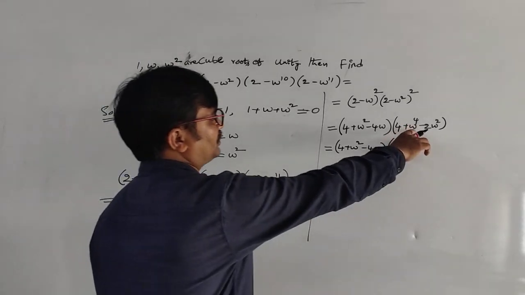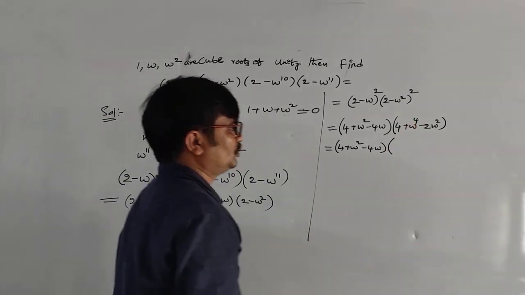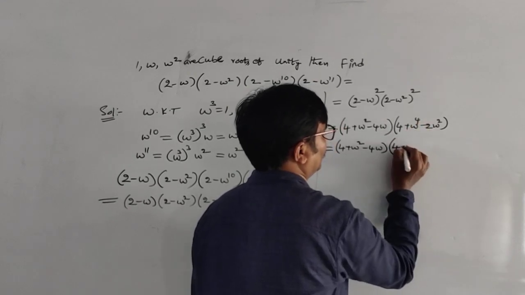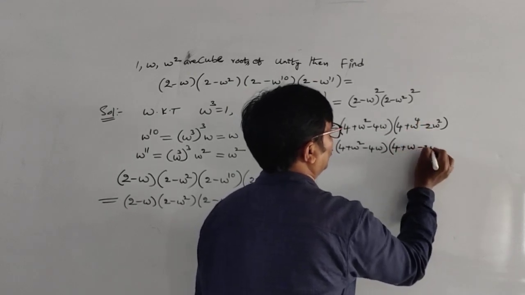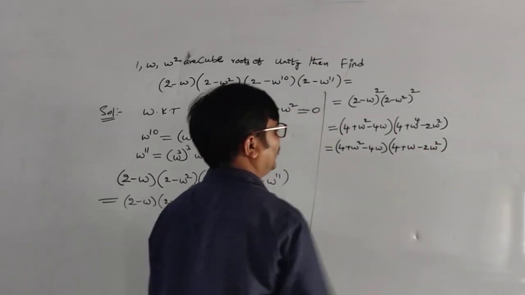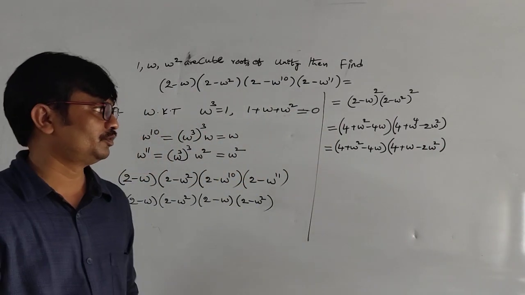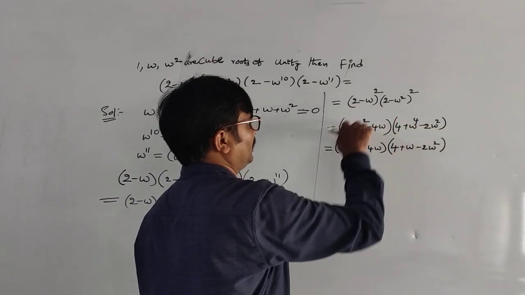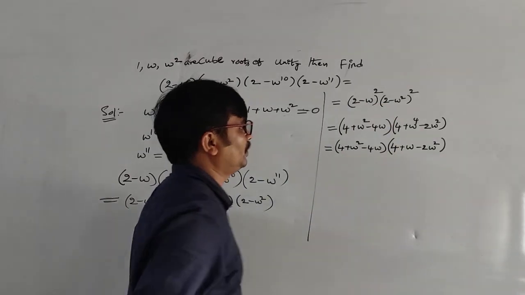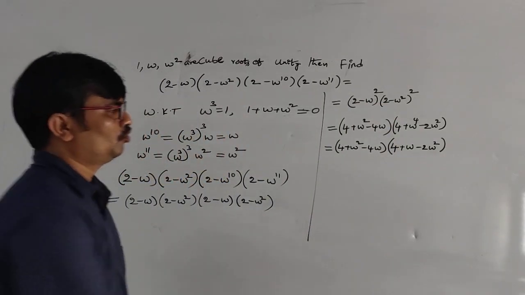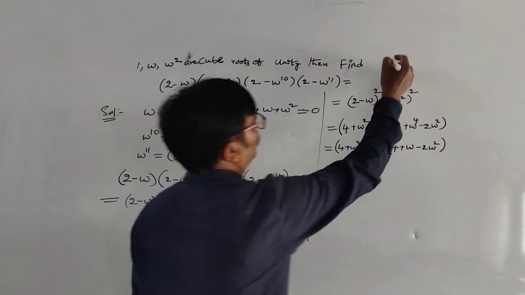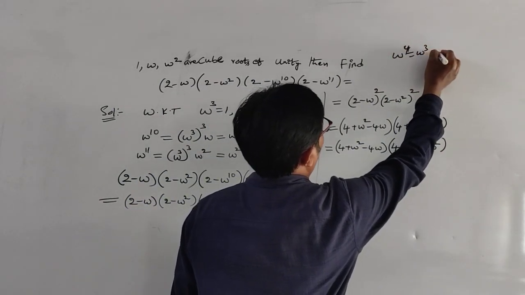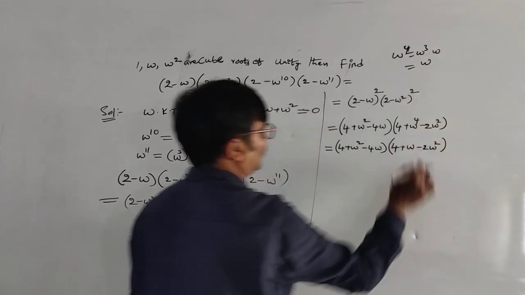Omega power 4 is omega cube into omega, that is also omega.